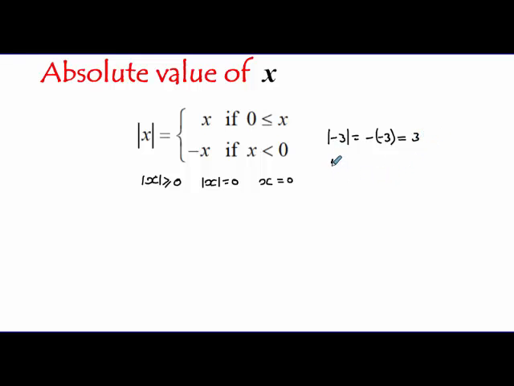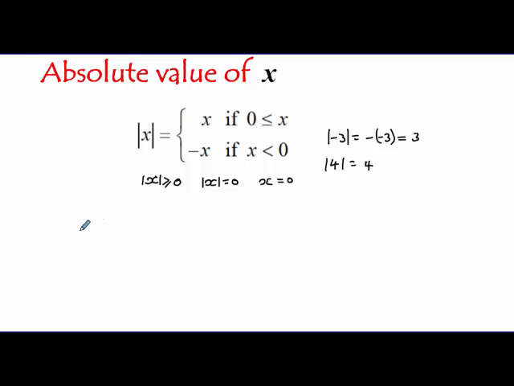In the case of the absolute value of 4, we notice that 4 is greater than 0, or we can say 4 is greater or equal to 0. It doesn't present any contradiction. Then in this case the absolute value will be equal to 4.